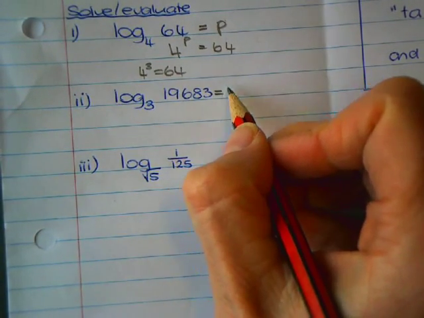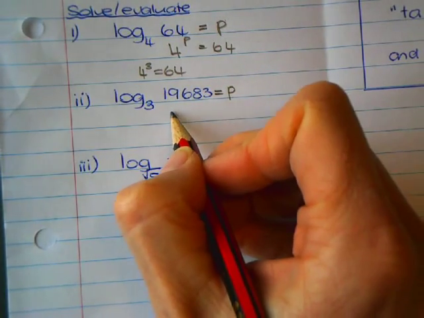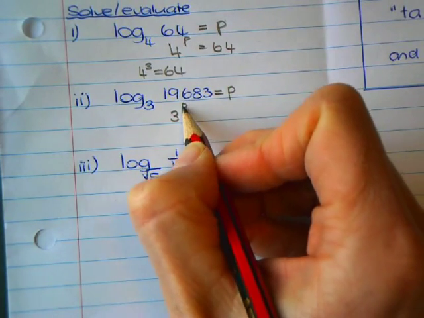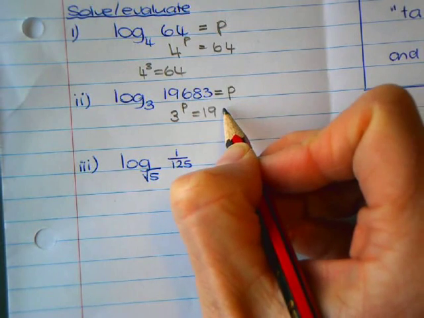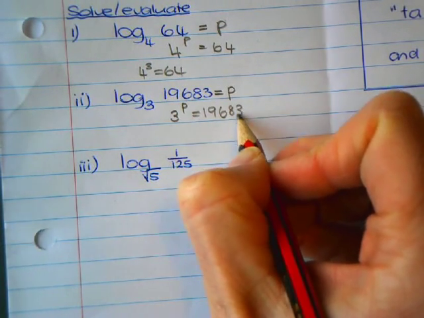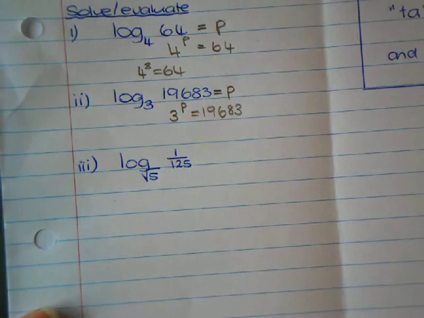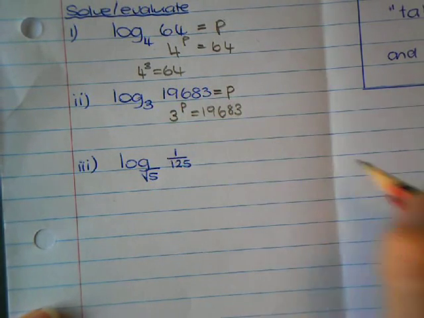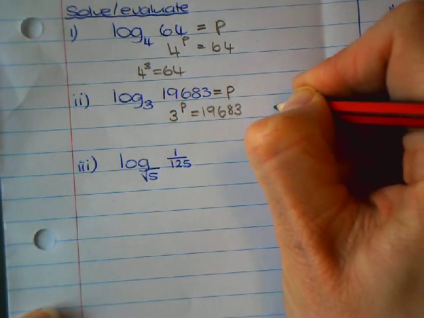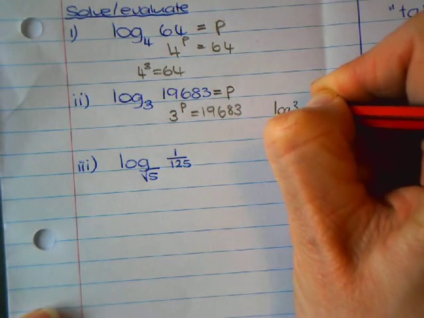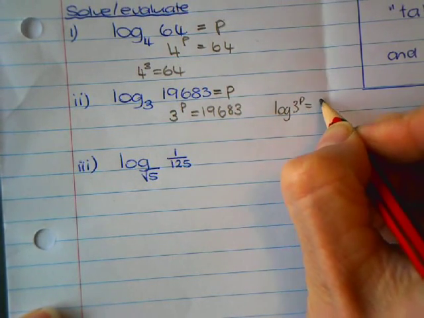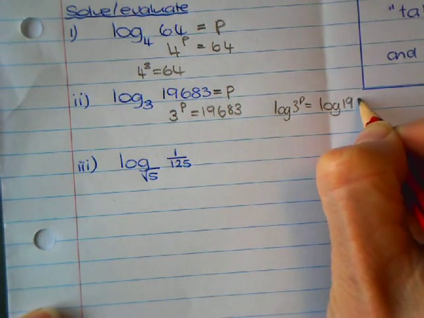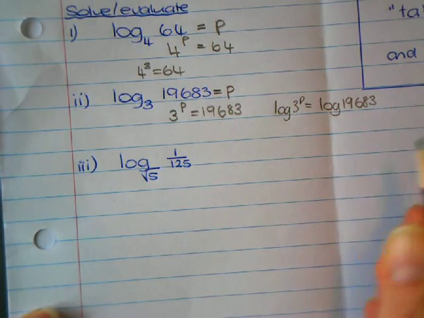So using that same process, let it equal P, write 3 to the power of P will equal 19,683. And this is where we're going to use taking the log of both sides to help solve for that power. So we're going to have log 3 to the power P equals log 19,683.